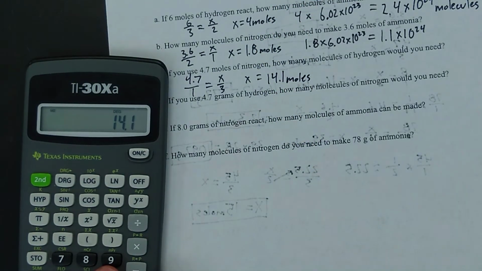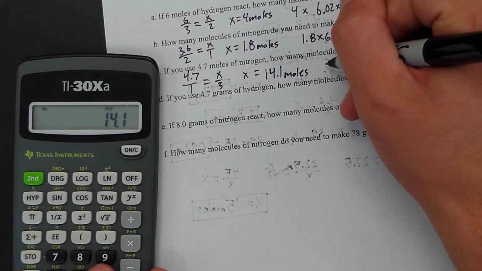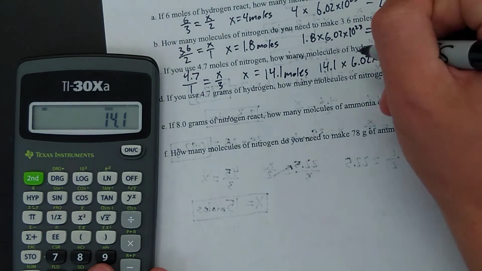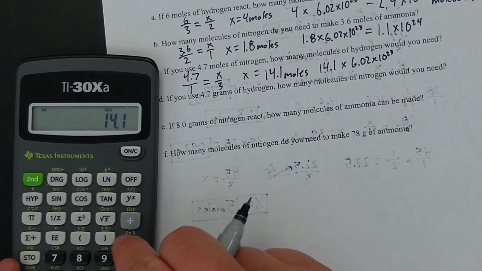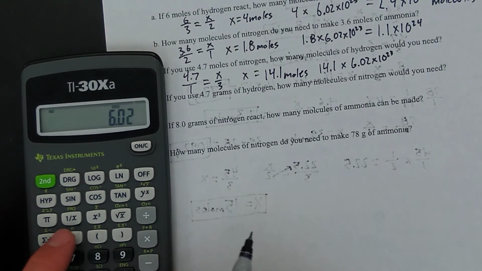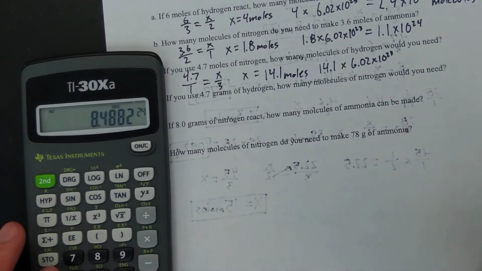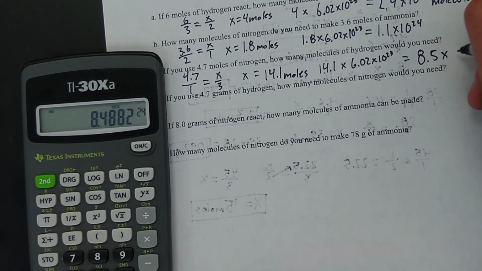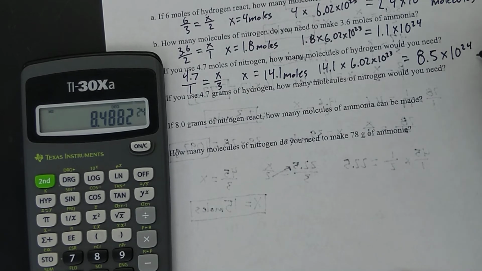And we just want this to be in molecules, so we're doing 14.1 times 6.02 times 10 to the 23. That's going to give us 8.5 times 10 to the 24 molecules. And this right here is also molecules.